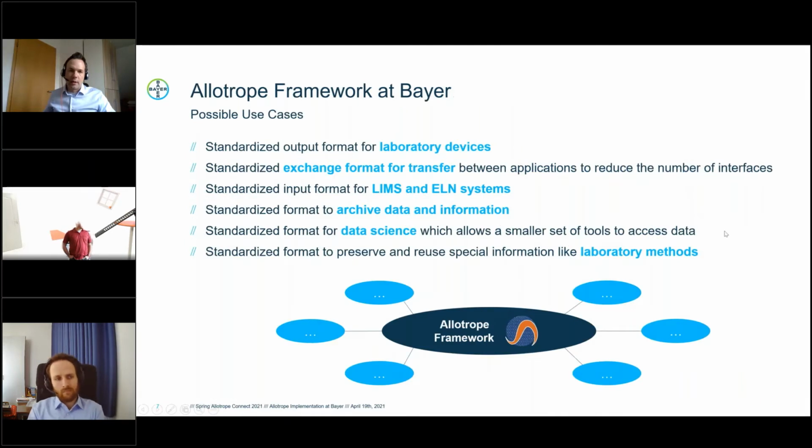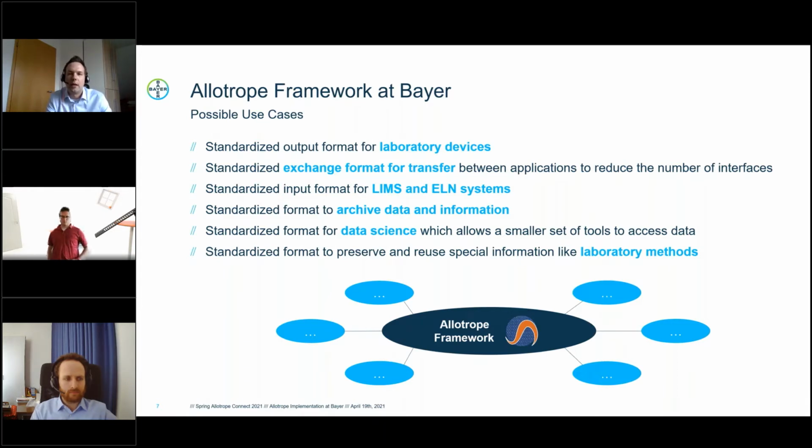Let's switch to the next slide. That's listed here. And to be honest, the main message of this slide, I guess it's very easy to guess, is standardization. With the Allotrope Framework, there's a chance to standardize the output format of laboratory devices, and to standardize the exchange format for transfer between different systems and applications. You will also have a standardized input format for your LIMS systems, your electronic lab notebooks, your archive, and also maybe a data lake.